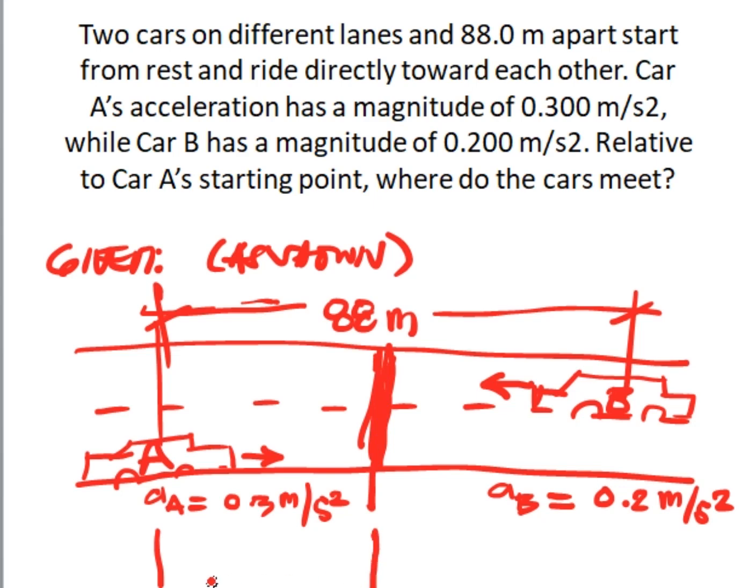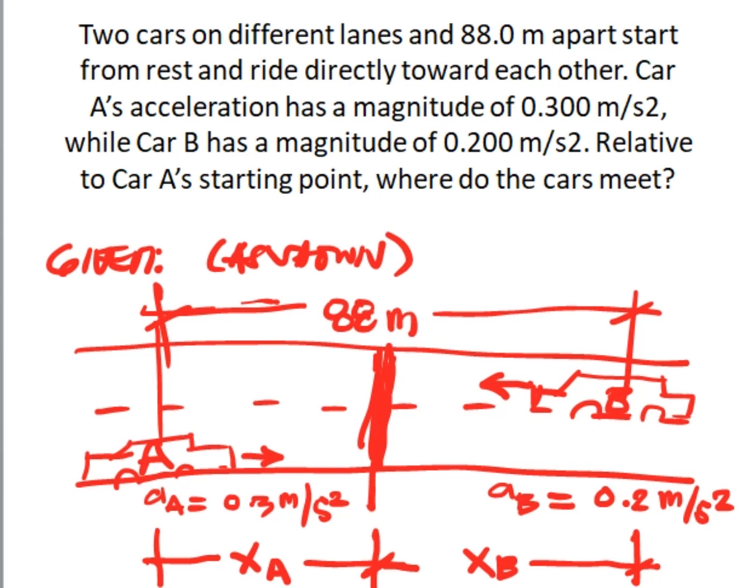Let's say this is distance A. That is the distance traveled by car A, and of course from car B, let this also be the distance traveled by car B, which has a total of 88.0 meters.